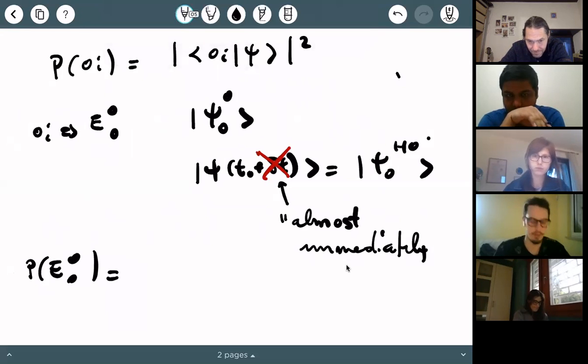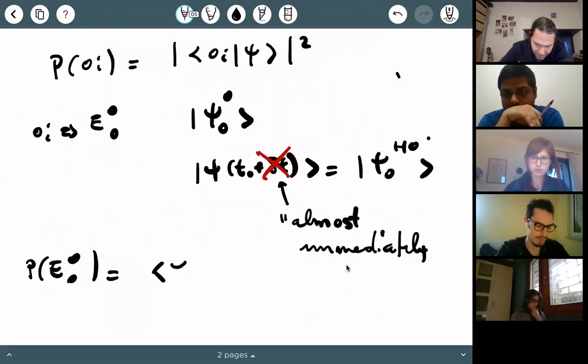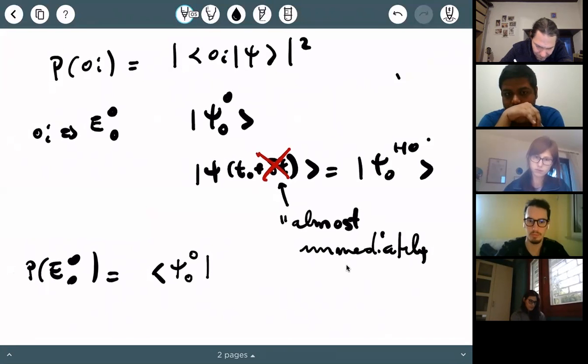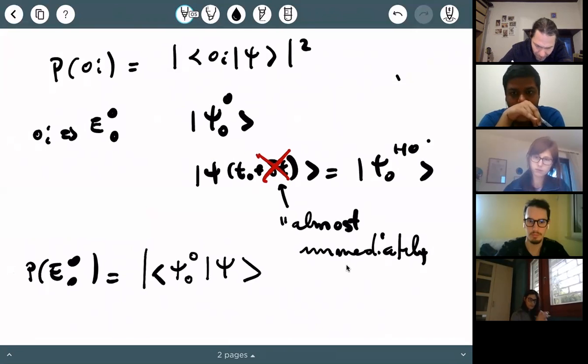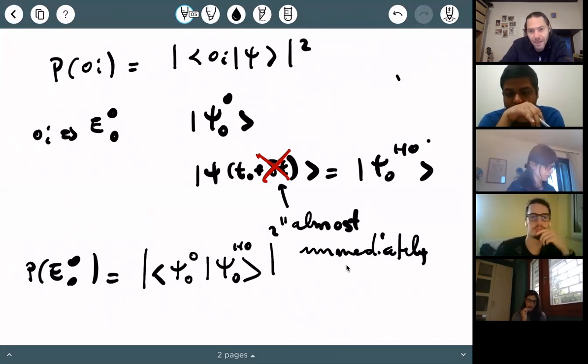The inner product of the eigenvalue and the wave function at time t0. So this is the wave function.